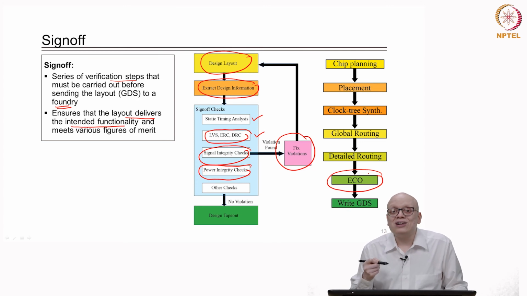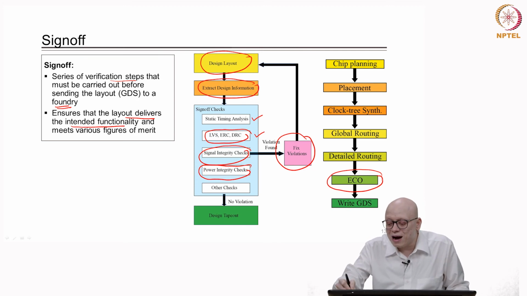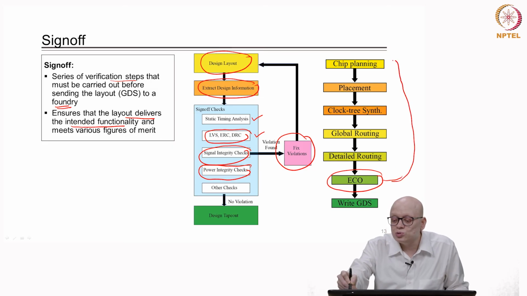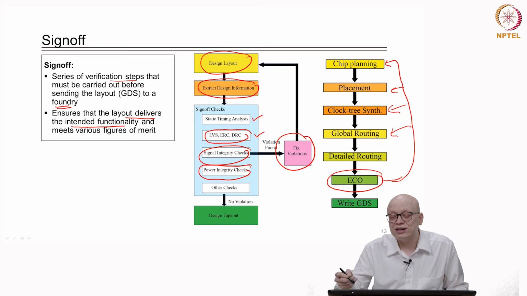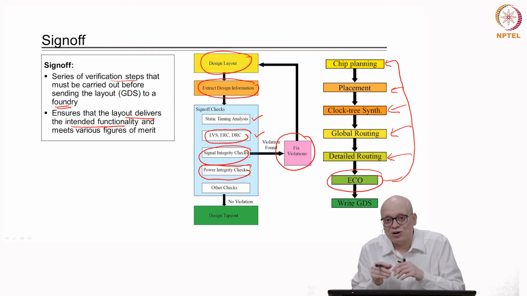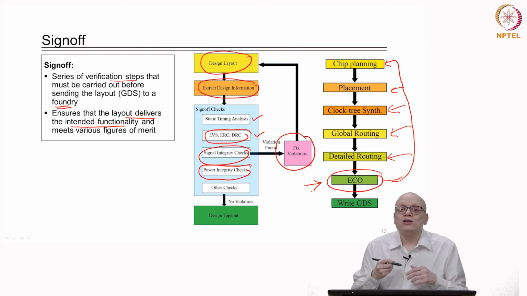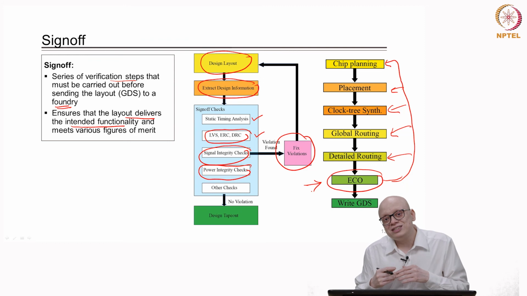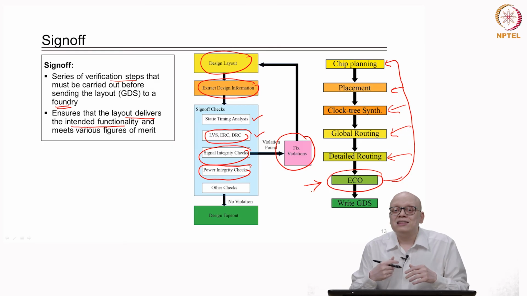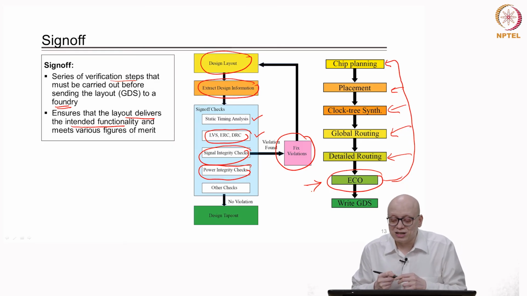Or if we are not that lucky, then we might need to go back and fix issues in chip planning if we are highly unlucky, or in placement, or in clock tree synthesis, or in global routing, or in detailed routing, right. If the fixes are localized or as close to the end of the design flow, then the cost and the effort for fixing will be less. If we find a problem which is deep rooted, very early in the design flow, then the cost of fixing is much higher, right.